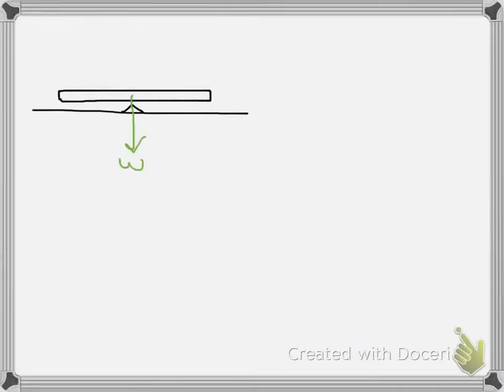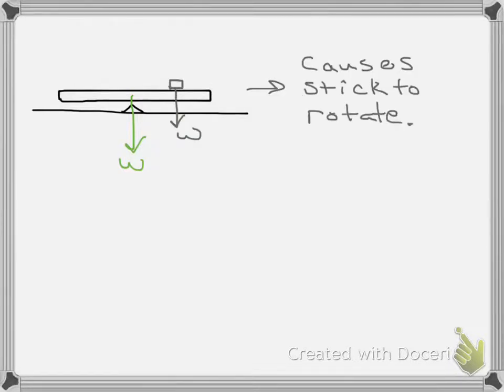Well, let's go back to our perfectly balanced meter stick. With our perfectly balanced meter stick to start with, the weight force of the meter stick at the center of mass is right over the pivot point, so it's balanced all by itself. If I were to stick a small mass on the right-hand side of the meter stick, the weight force from this mass would cause the stick to rotate in a clockwise direction.